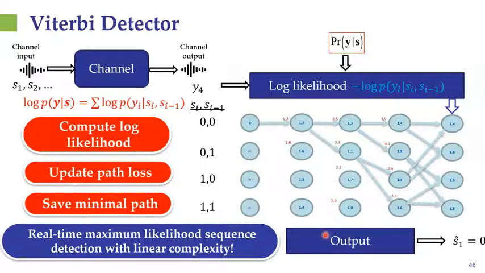First, due to the optimality principle of dynamic programming, we're actually able to compute and minimize the negative log likelihood, which means that we're essentially implementing the maximum likelihood sequence detection. And since on each channel output we're computing the exact same number of log likelihoods, the complexity only grows linearly with the block size. And we saw that it operates in pseudo real time, namely there's only a small delay here.